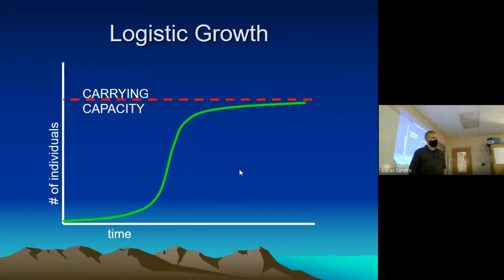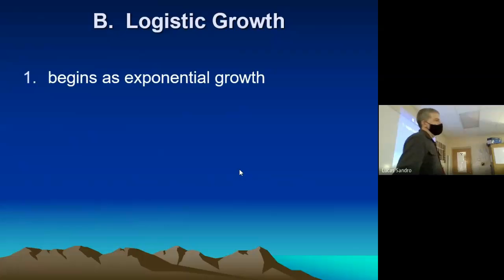So exponential growth, ideal conditions, unlimited resources, except no such thing. So in real life, at some point, that exponential curve in its upswing is going to start to level off. Mostly it levels off because death rates increase because a limiting factor gets reached. So it always starts as exponential.